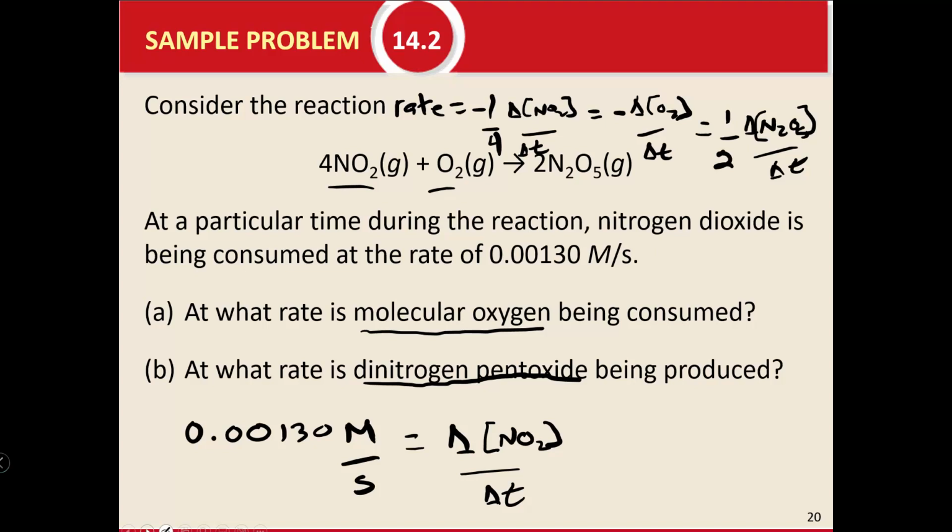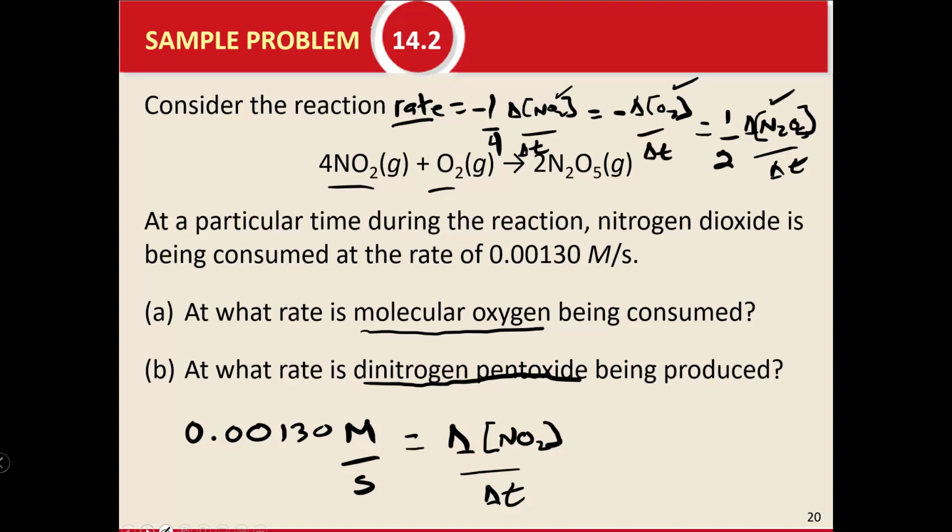All right. So what I've done here is written the rate of reaction, and then how that's related with respect to the nitrogen dioxide, the oxygen, and the dinitrogen pentoxide. So you can see from this, it's real easy once you've written this out.